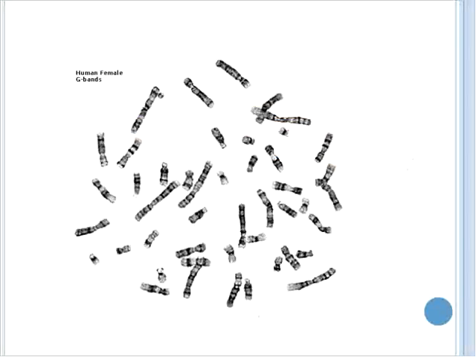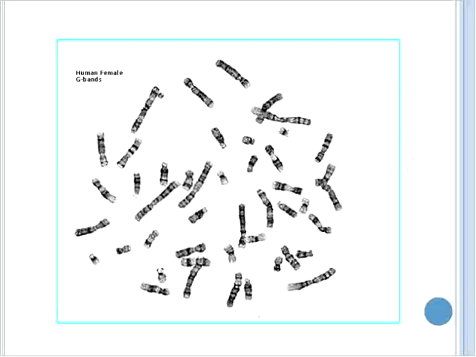This picture you see in front of you now is of an actual karyotype. The way things proceed in a karyotype is that the original cell with its nucleus is fixed during mitosis.